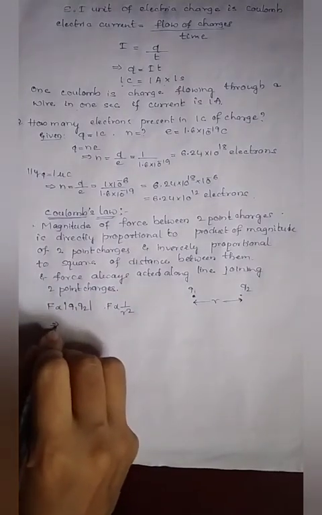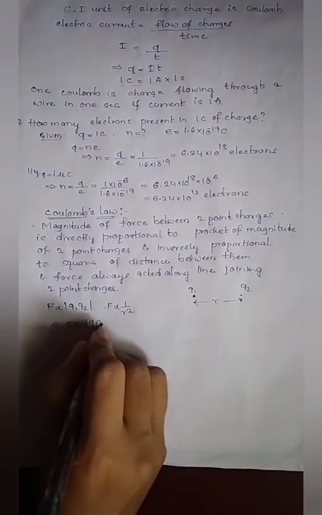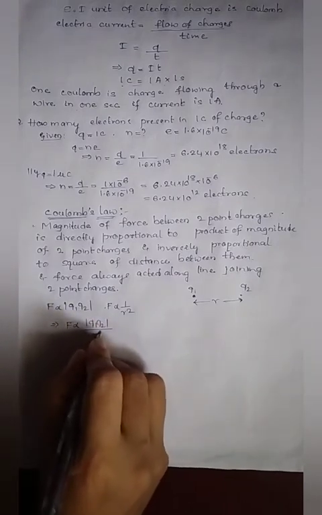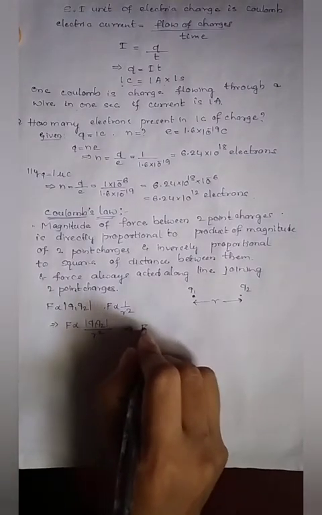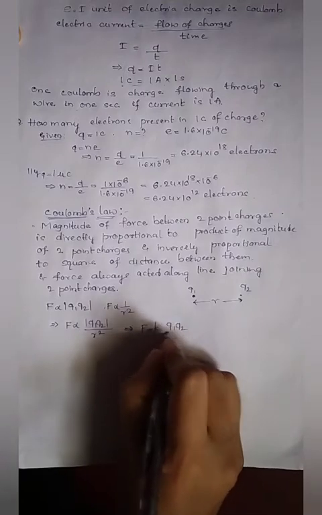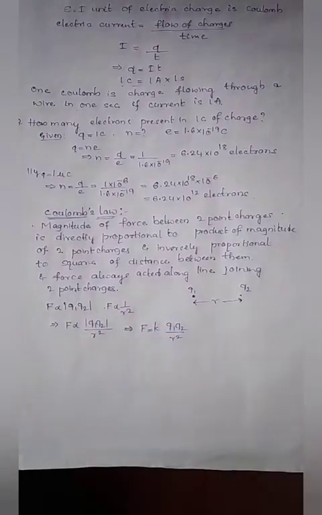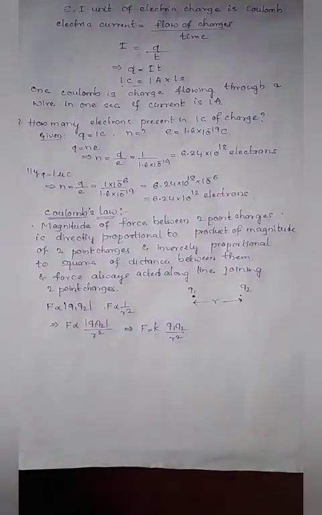Hence, we can write F is proportional to Q1 Q2 divided by r square. So this implies F equal to K into Q1 Q2 divided by r square, where K is the proportionality constant.